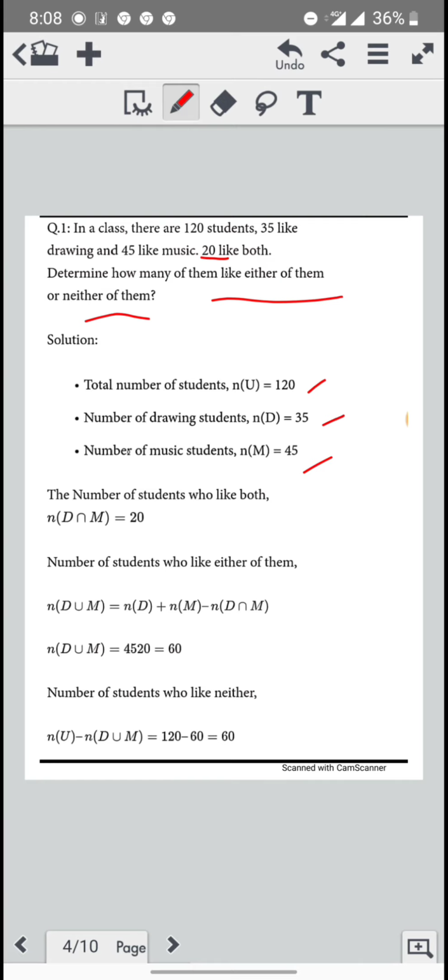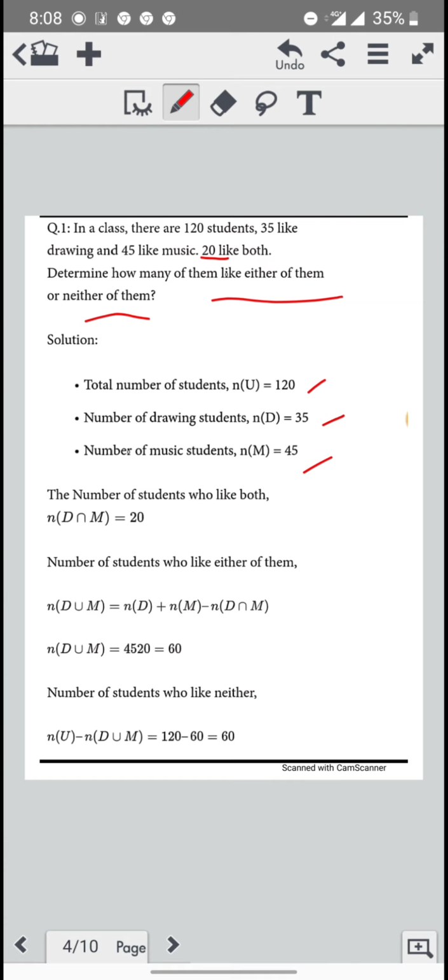Number of students who like either of them, that is D union M. n(D union M) by first formula, n(D) plus n(M) minus n(D intersection M). n(D union M) is equal to 35 plus 45 minus 20, which is equal to 60.